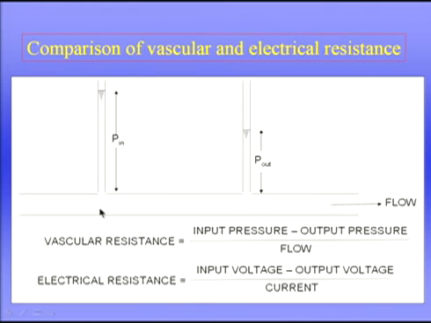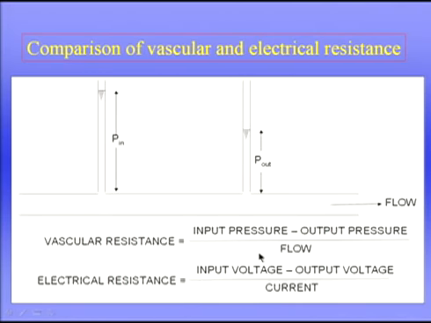If you've got a pipe shown here with, say, water running through it, the pressure at the upstream end must be greater than the pressure at the downstream end, because that is what is responsible for flow. If there's no flow, there's no difference in pressure. But if there is flow, there has to be a pressure difference. And so the vascular resistance is defined by the input pressure minus the output pressure divided by the flow.